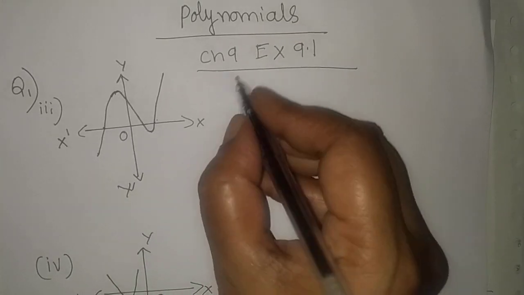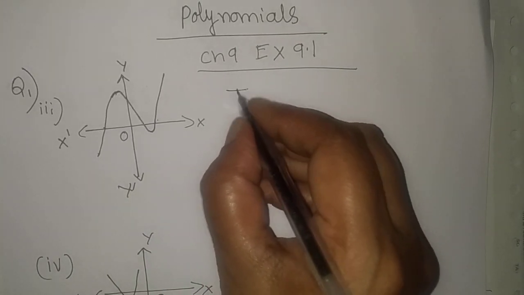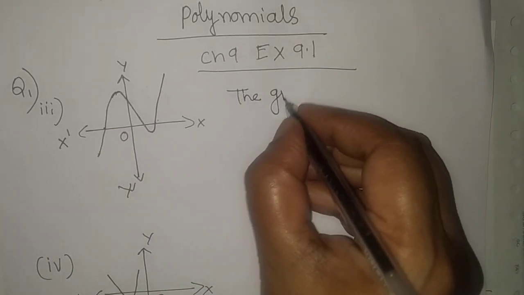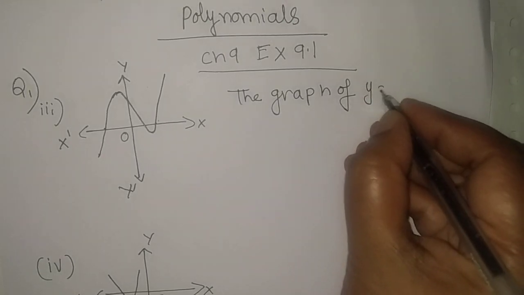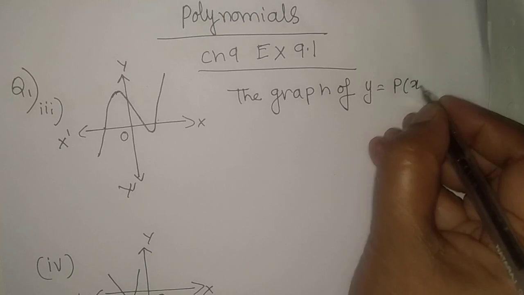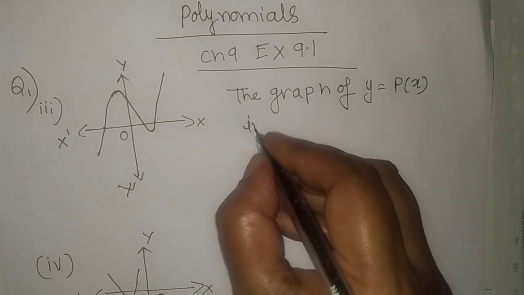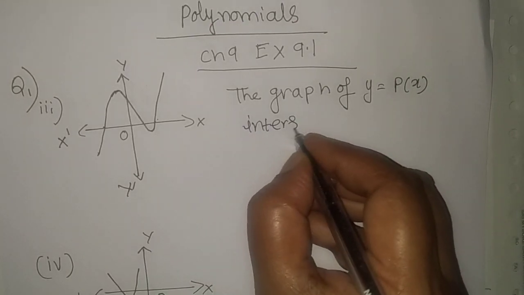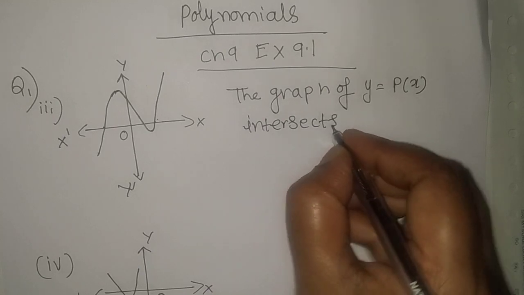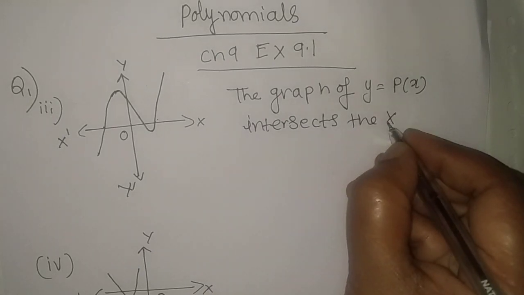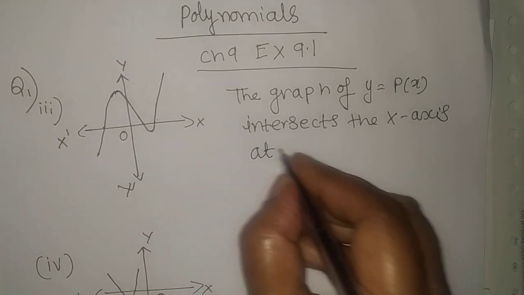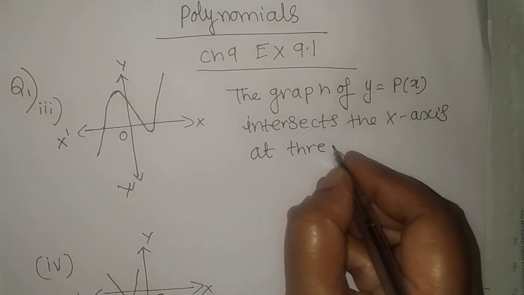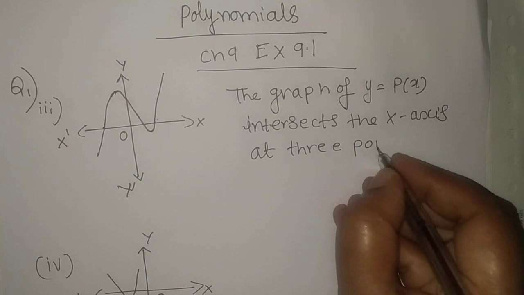The graph of y equals p of x intersects the x-axis at 3 points.